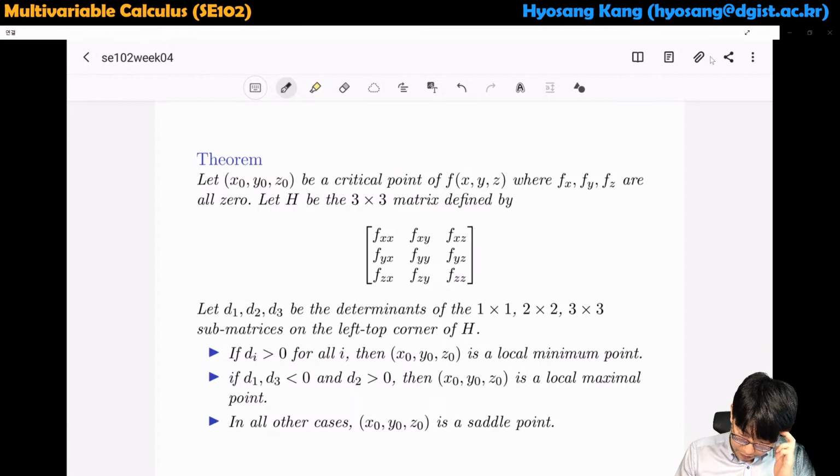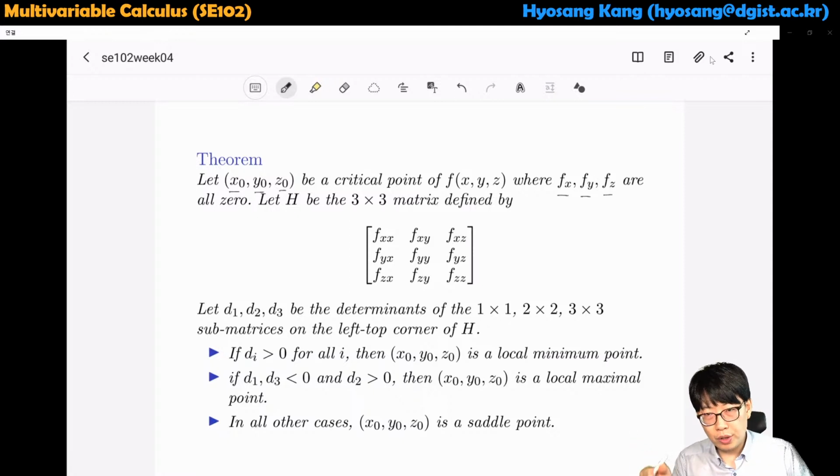And let's also apply this kind of Hessian to the 3-variable function case. You can find a critical point for a 3-variable function by taking the partial derivatives fx, fy and fz, and then finding the point x0, y0, z0 such that these 3 partial derivatives are all 0. That's the type 1 critical point.